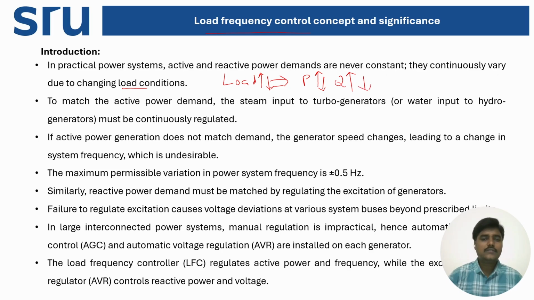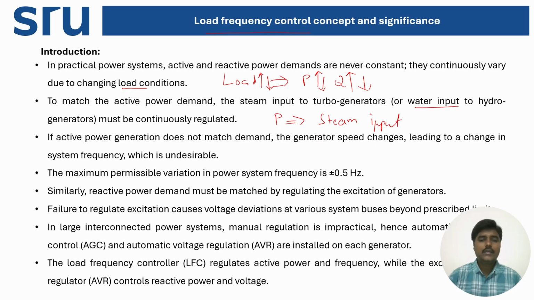To match these variations in active power, we have to continuously change the steam input in the case of a thermal power plant, because when you change the steam input, the active power output of the generator also changes. If it is a hydro based power plant, then we have to change the water input at the turbine inlet.